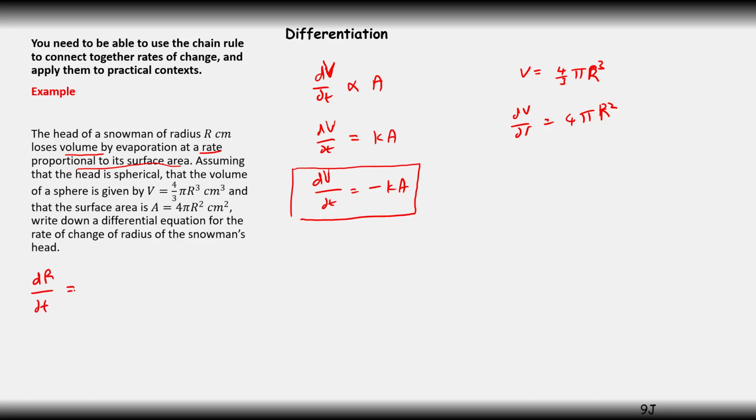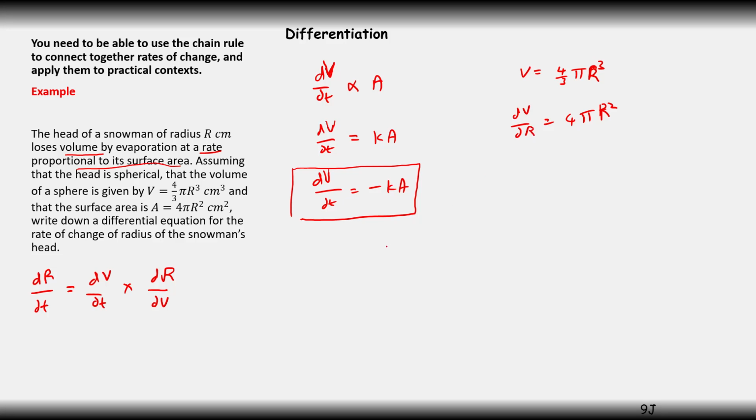Now, I've got dV by dt, and in order to get dr by dt, I've got to multiply it by dr over dV, to get rid of the V. But I've got that over here.